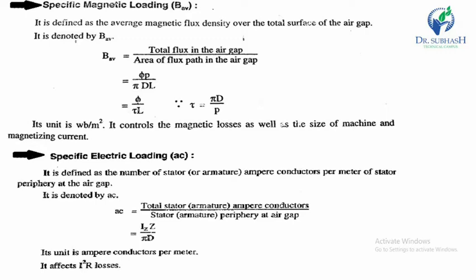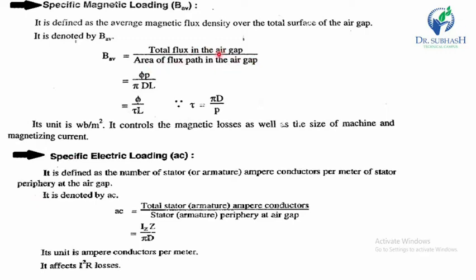First of all we see the specific magnetic loading, or Bav. It is defined as the average magnetic flux density over the total surface of the air gap and is denoted by Bav. So Bav is equal to total flux in air gap divided by area of flux path in the air gap.